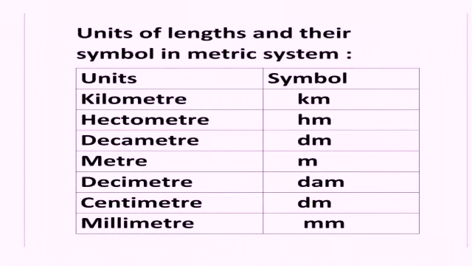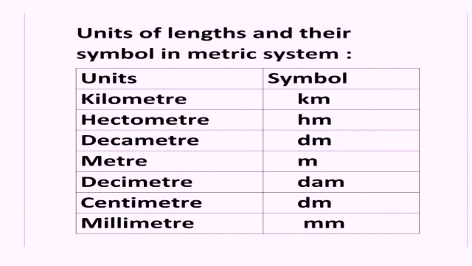Now let us learn units of length and their symbols in the metric system. Today the metric system of measures has been adopted by almost all nations. In this system, there are different types of units like kilometer, hectometer, decameter, meter, decimeter, centimeter, millimeter.